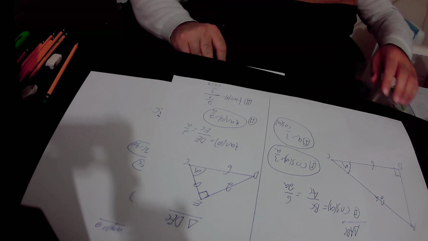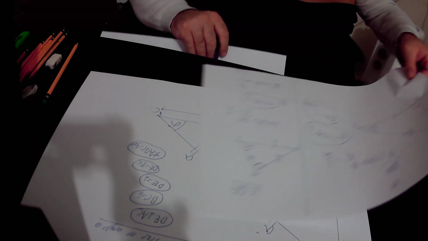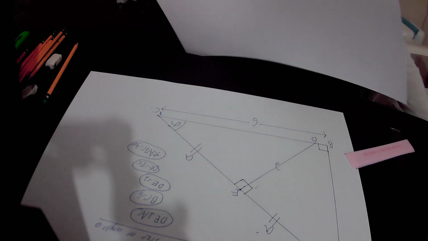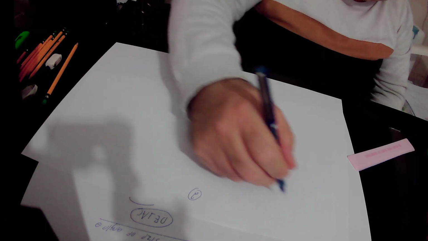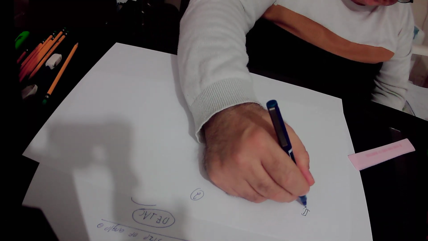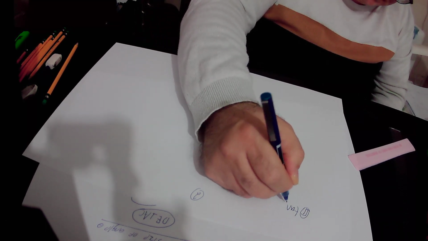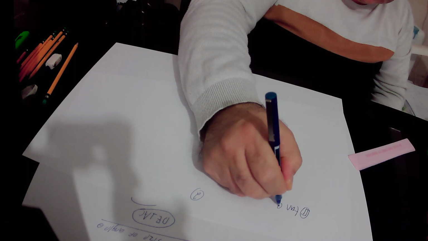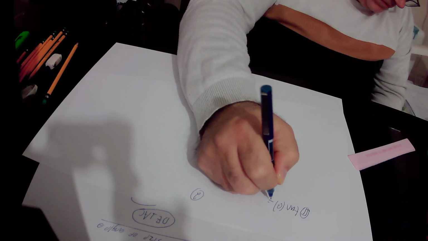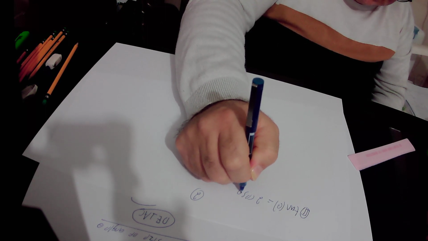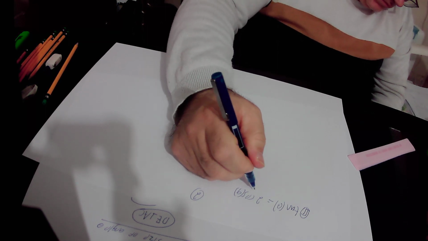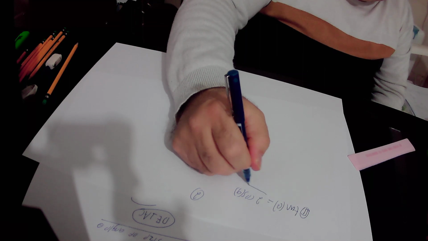In conclusion, tangent theta, according to equation number 2, is equal to 2 times cosine alpha over 3.